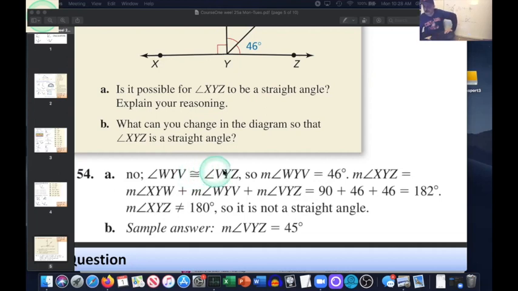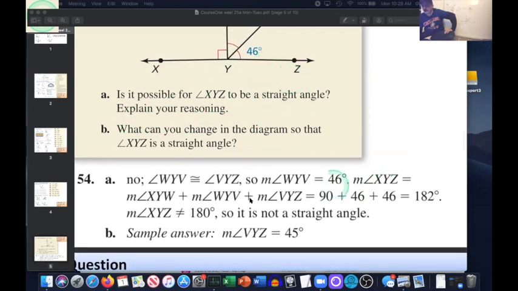That's what congruent means. Whereas when you put the little m in here, that means the measurement of this angle has a numerical value. And so we can equal a numerical value, so we use the regular equal sign, right? And so this is basically the reason why part A won't work. This is more mathematical. The measurement of the first angle plus the measurement of the second angle plus the measurement of the third angle is not equal to 180.